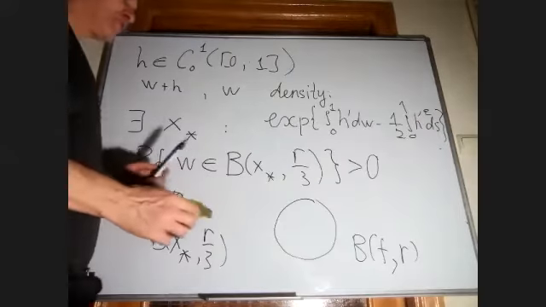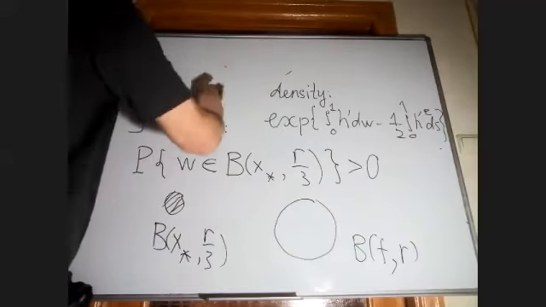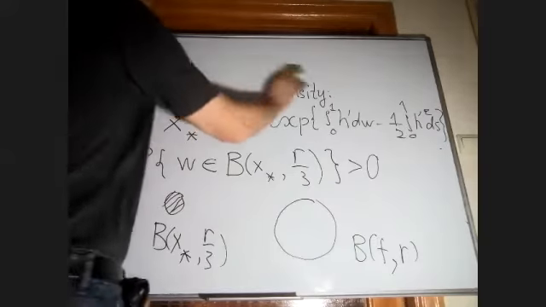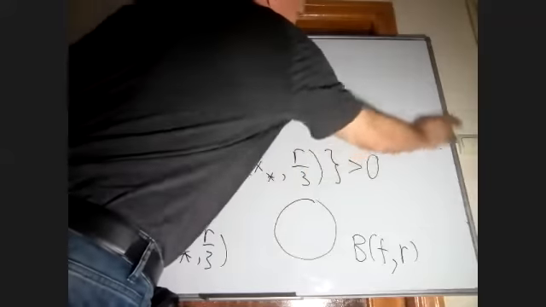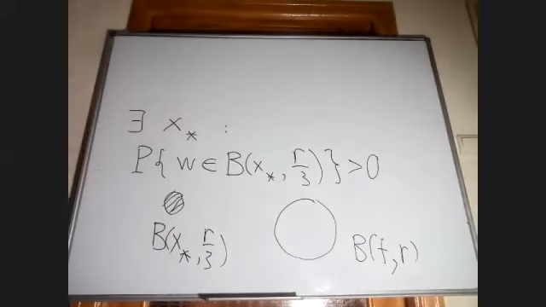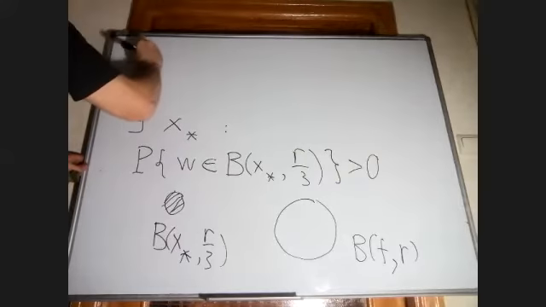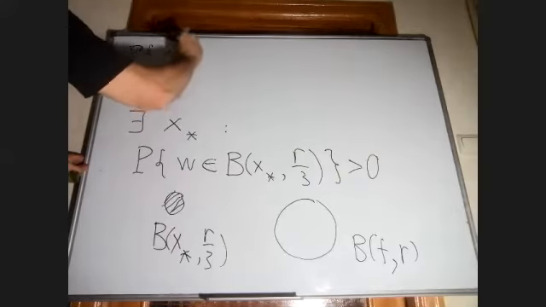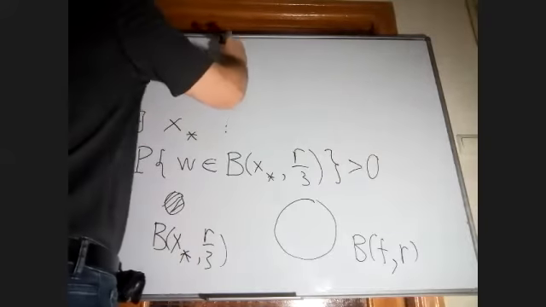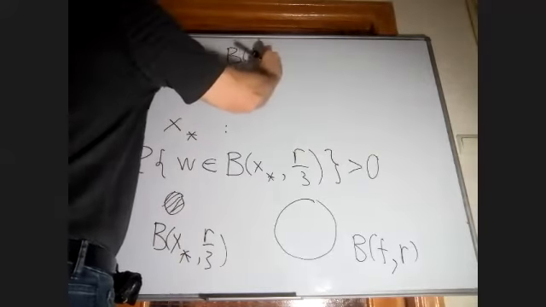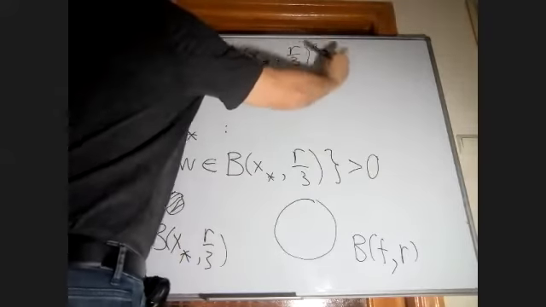From this point of view, one can say that for any such function h, the probability that W plus H belongs to this ball B X star R over 3 is positive.